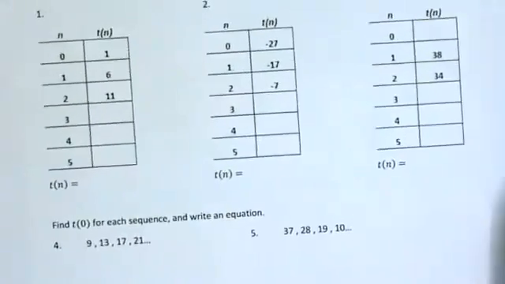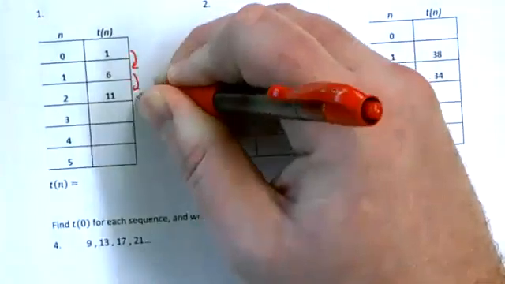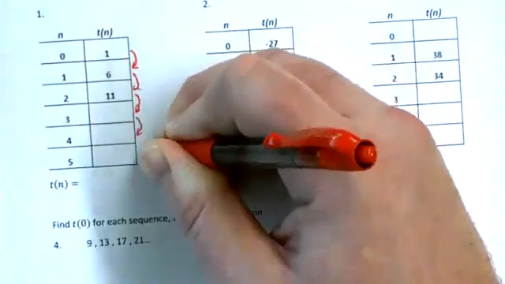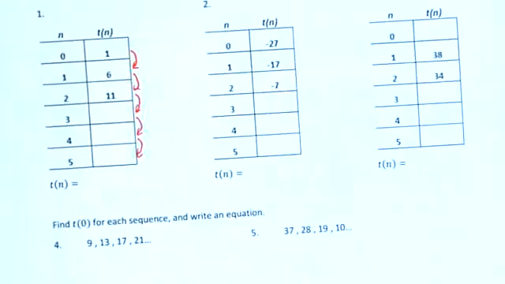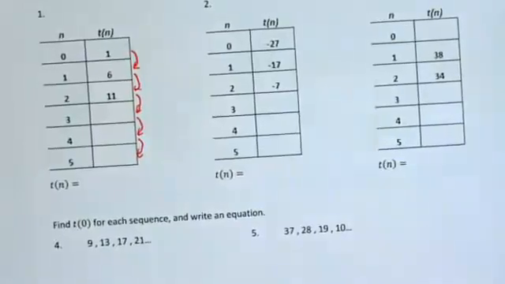So if you're working with me, let's have a look at number 1. See if you can start by finding your common difference. Once you find that common difference, use it to fill in the rest of our table, please. What's our common difference in number 1?